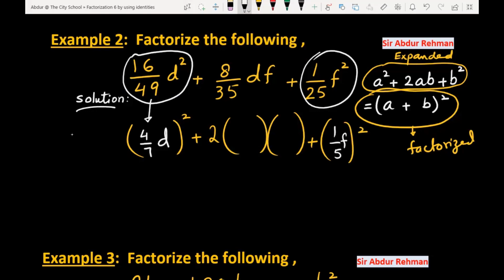Now, the identity was a square plus 2ab plus b square. The a is 4 over 7d and the b is 1 over 5f. So I'm going to write a plus b whole square, which is 4 over 7d and 1 over 5f.